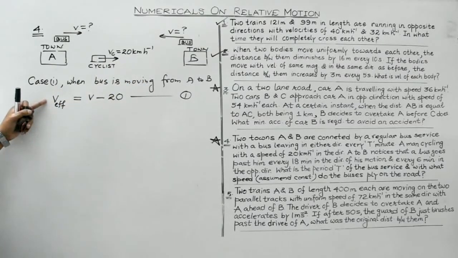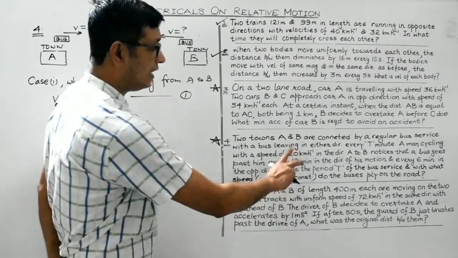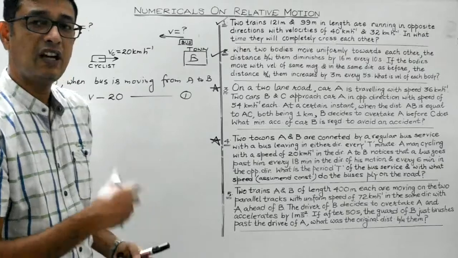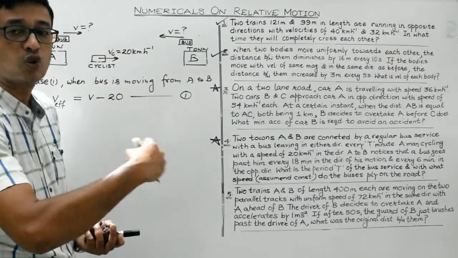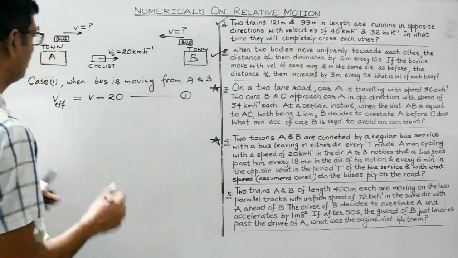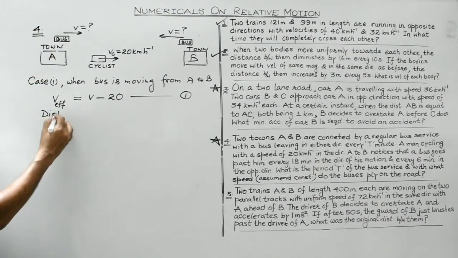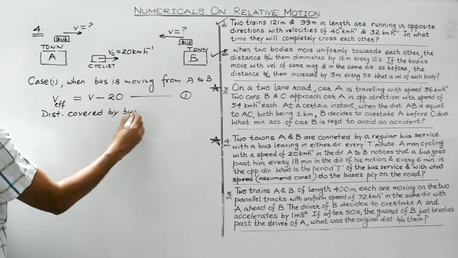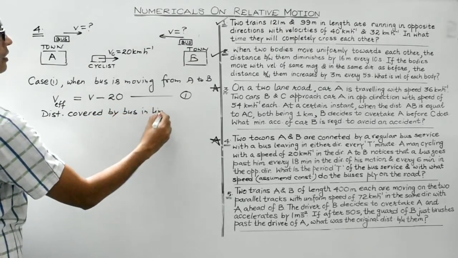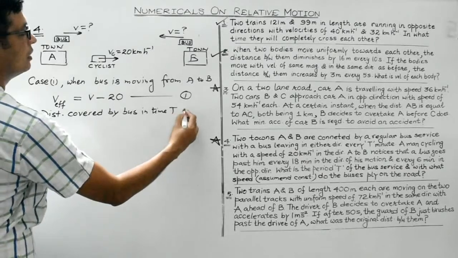It's okay, right? Now, it means after every 18 minutes, the cyclist observes a bus crossing him. So, the distance covered by the bus in time T is how much?